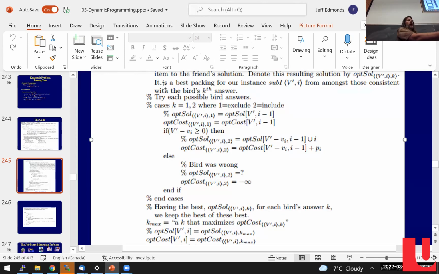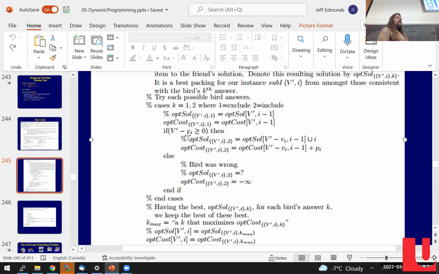Otherwise, there are 2 possible bird answers. We could have done the same. We could have put at the top here, if the ith object doesn't fit in the knapsack, then you have to say no. Otherwise, you try putting it in and you try not putting it in. That would have been equivalent code and maybe equally good.